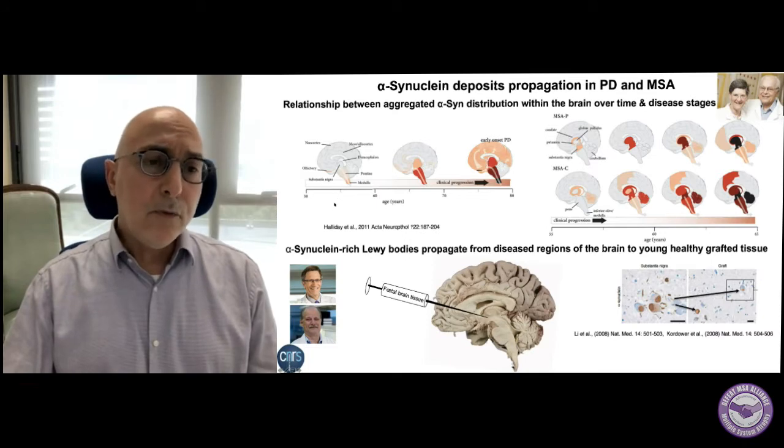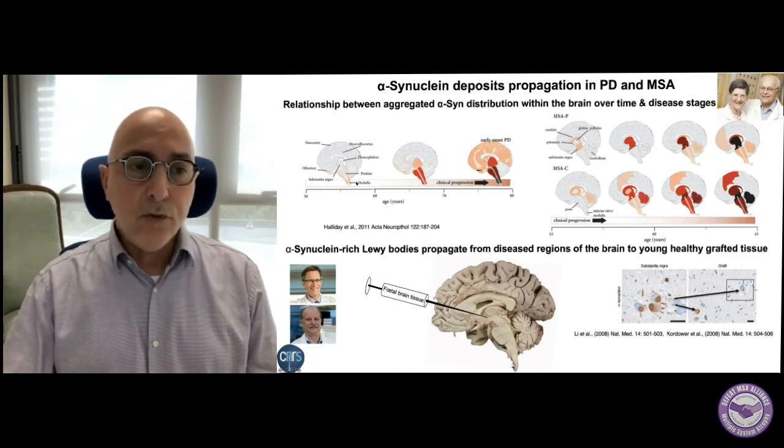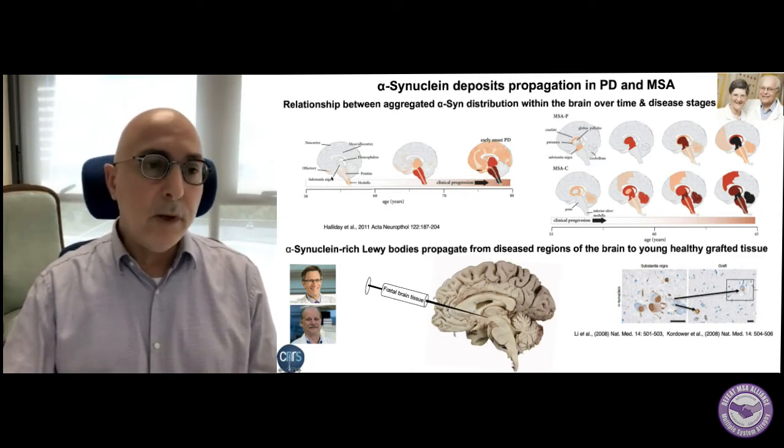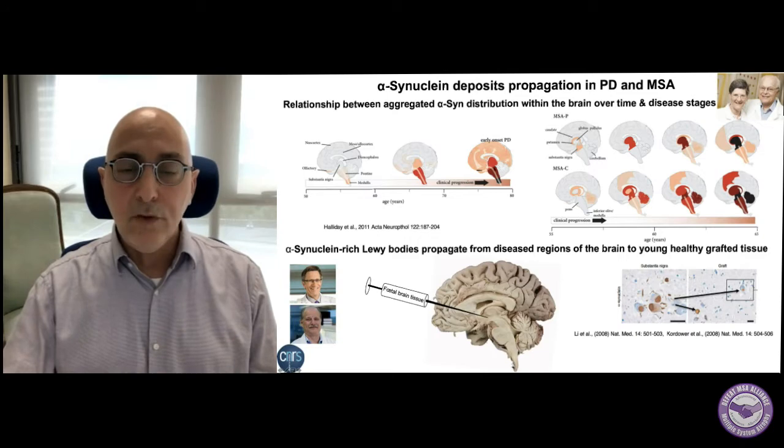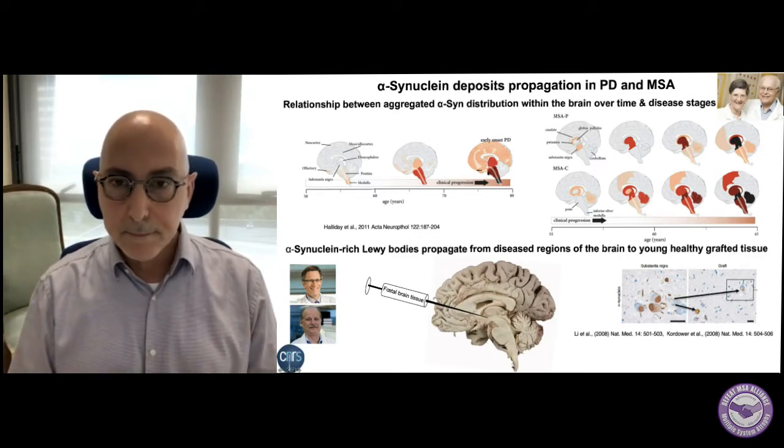What we observe in Parkinson's disease is that the first regions affected by this pathology, these clumps of alpha-synuclein, are the olfactory bulb and the brain stem. With time, these regions are more and more affected by pathology. And what we observe is a spread of pathology from these regions to other regions within the brain.